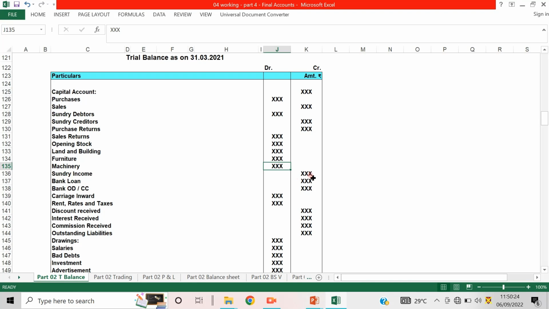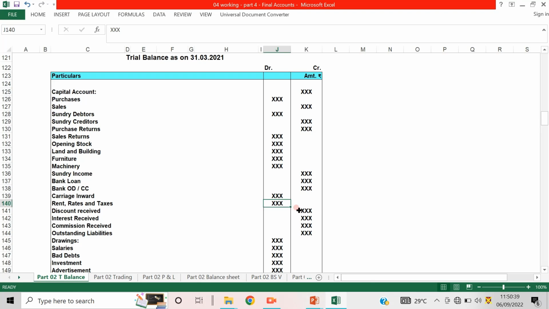Then sundry income is a credit. Bank loan is borrowed money, a liability, so credit, and likewise bank OD, CC. Then carriage inward is an expense, so that is a debit, and rent, rates and taxes is an expenditure, a debit.